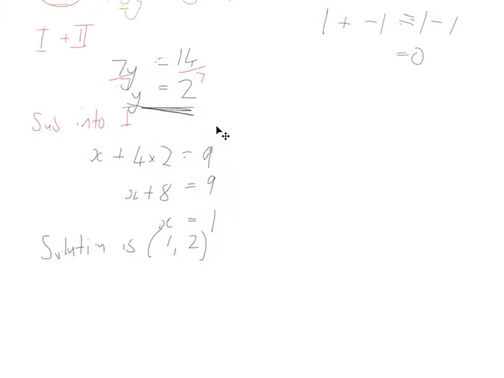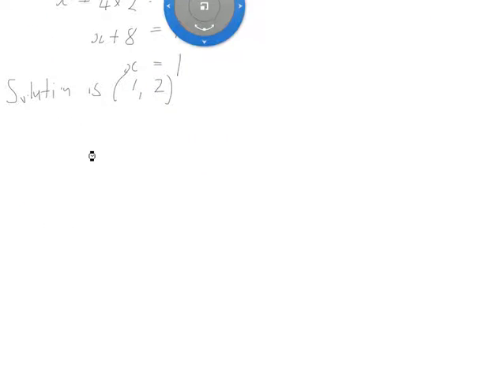Grab me a second example, because one's never enough. My second example here, for question 2, we'll do 3x plus 2y, and we'll also go 5x plus 2y.